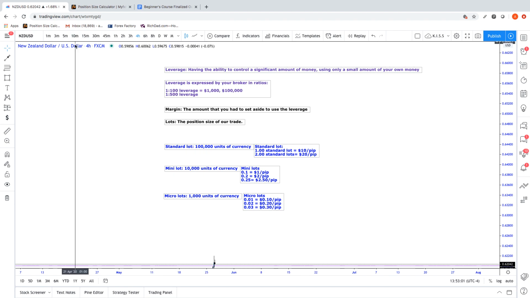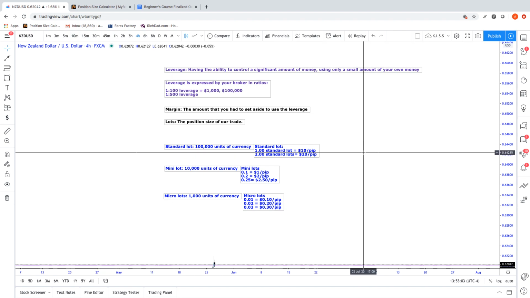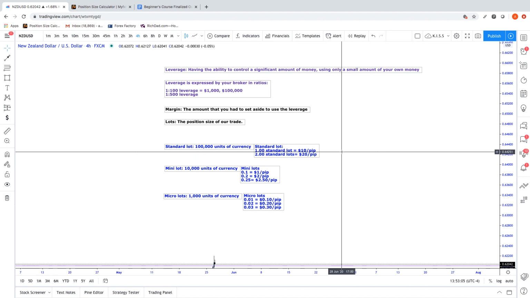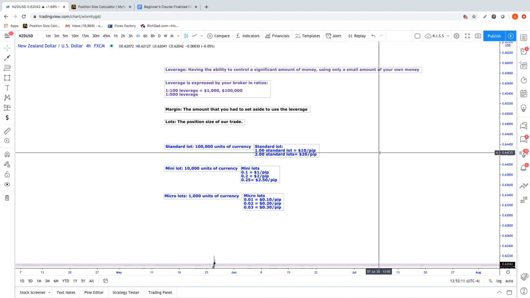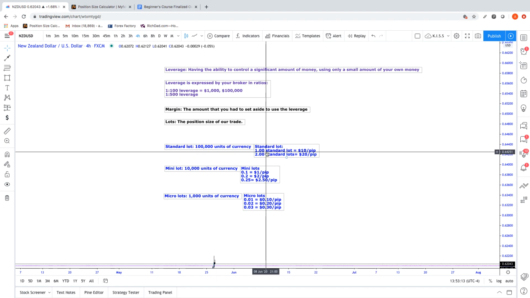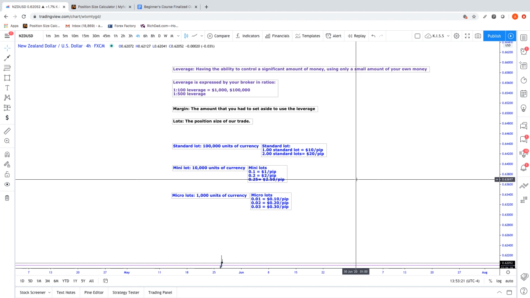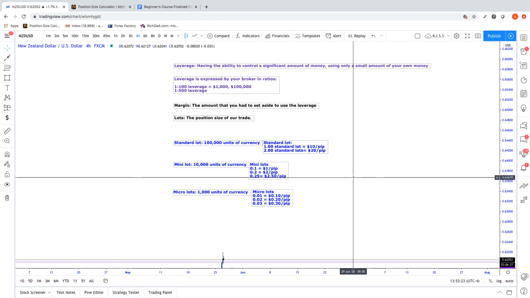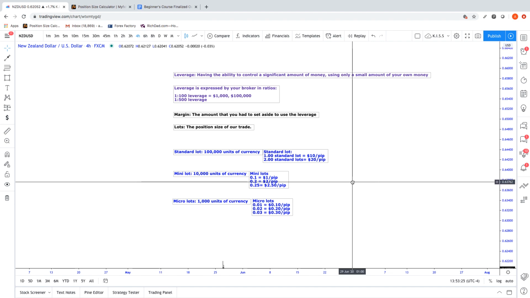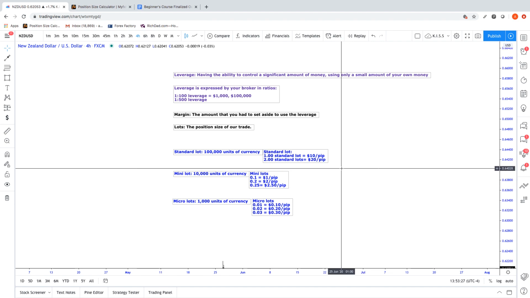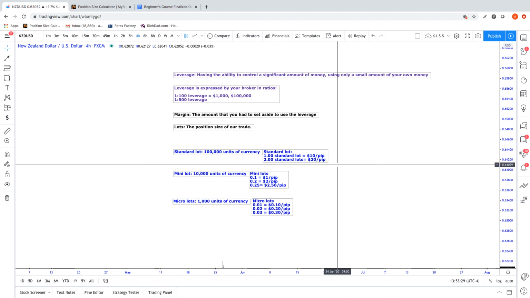If it ends in JPY, it's about 90% of a standard lot that you would actually yield. And if it ends in NZD or AUD, it's about 66% of a standard lot. If you use a standard lot, you would get about $6.60 per pip. We don't need to get too much into it because we will show you a tool that we use to give us the exact lot size that we need to use in our positions.